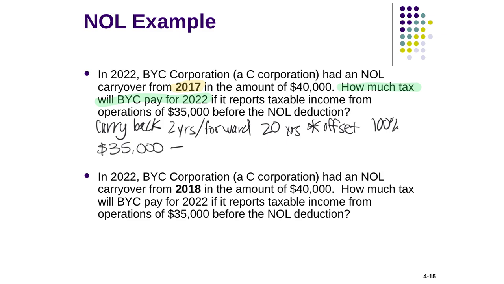So then we are allowed to subtract 35,000 of our NOL carry forward.